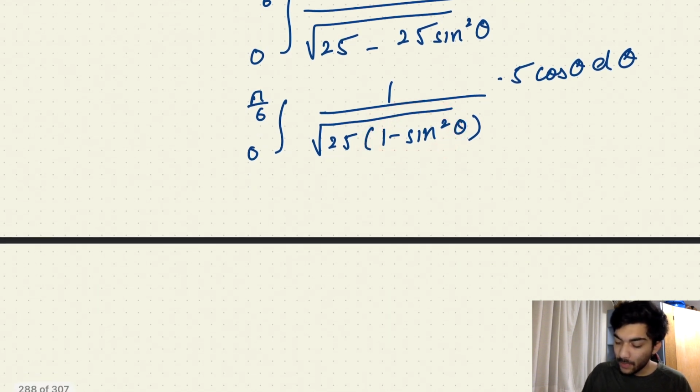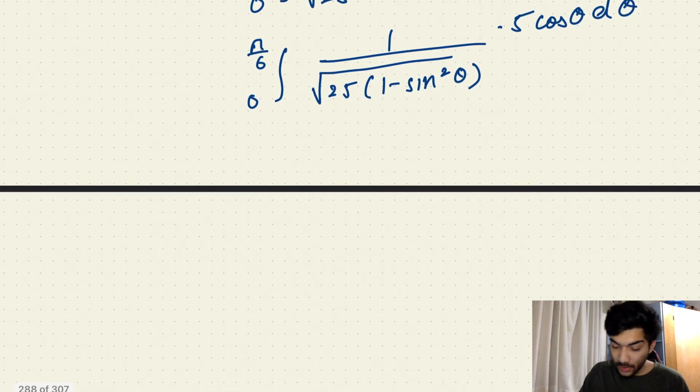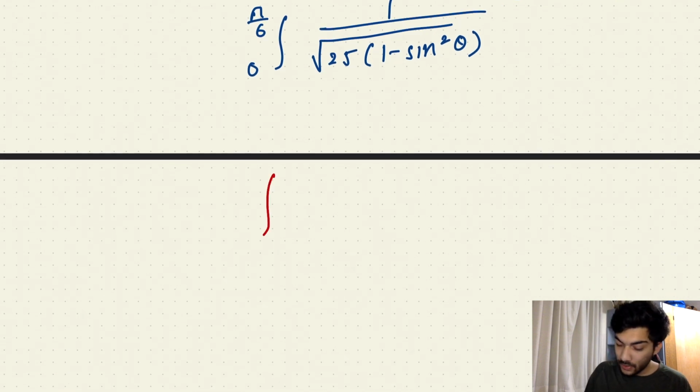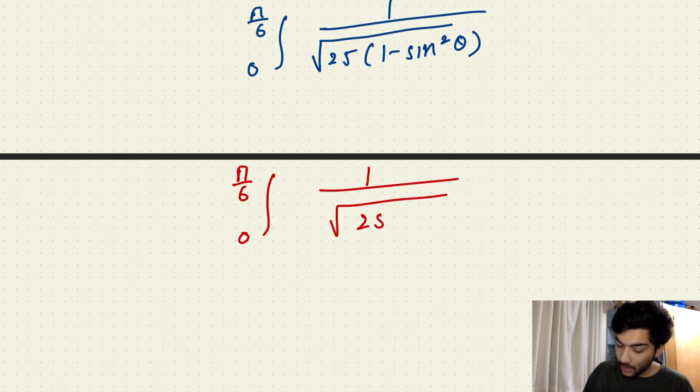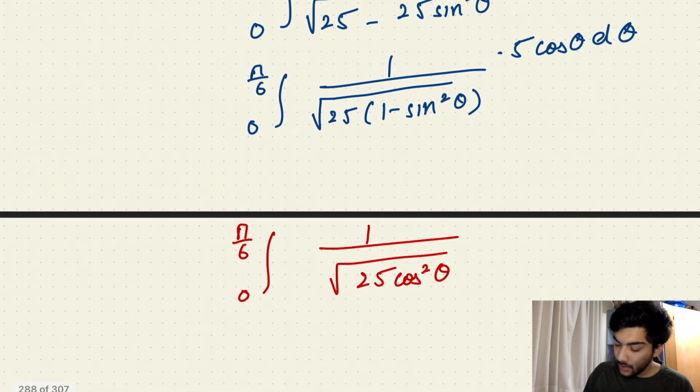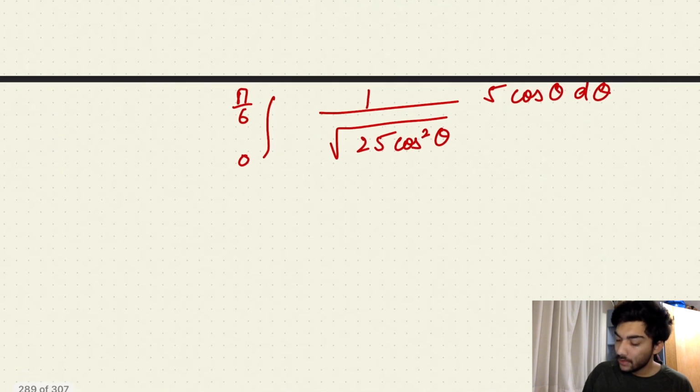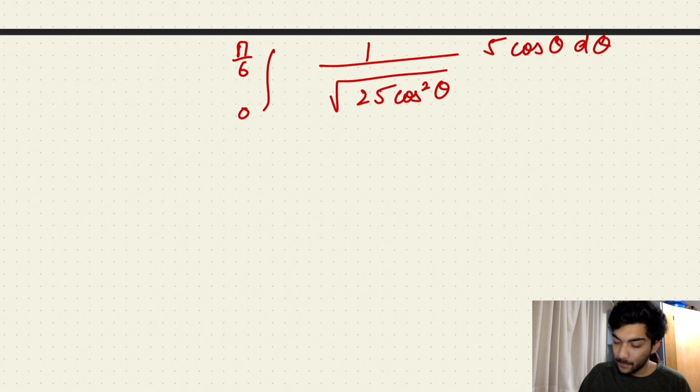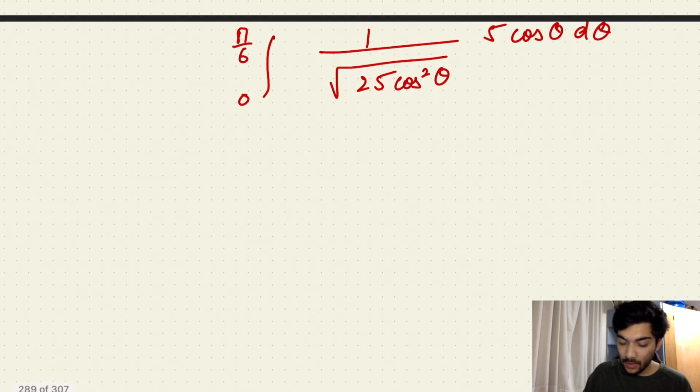We know that 1 minus sine square theta is cos square theta. We can write this expression as simply the integral from 0 to pi by 6 of 1 upon under root 25 cos square theta, and then again 5 cos theta d theta in the numerator. So this root 25 cos square theta will simply be 5 cos theta.